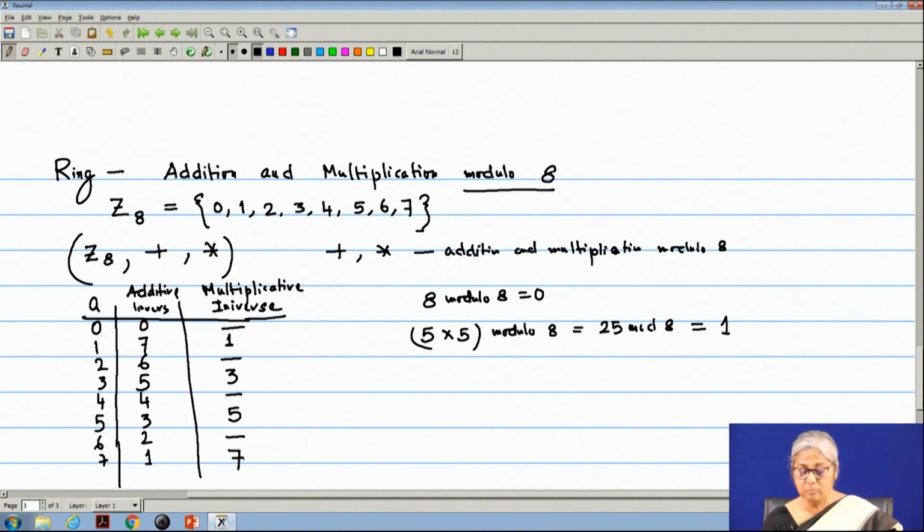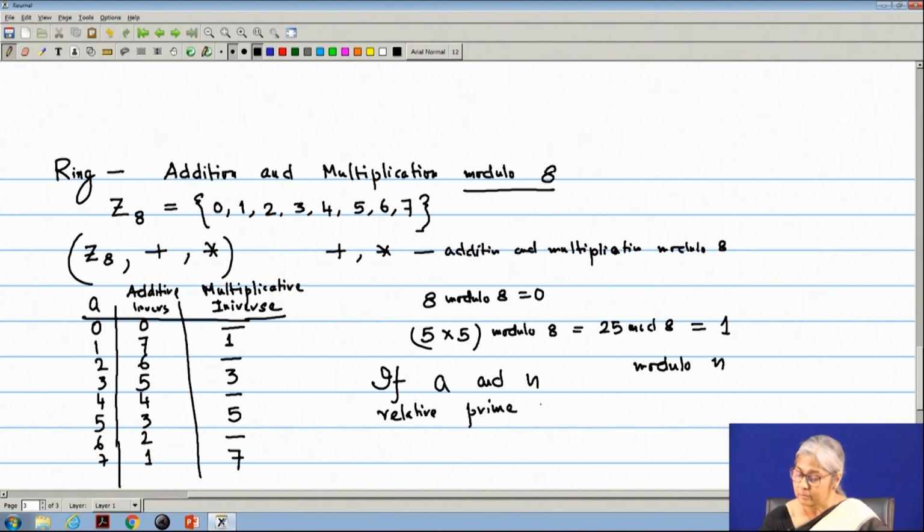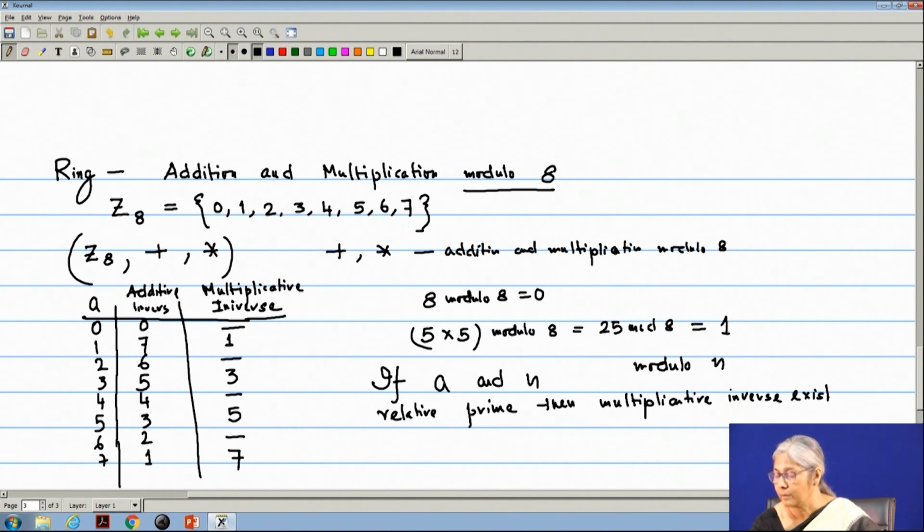Now the conclusion we made was that when we take multiplication modulo n, if A and n are relatively prime, then the multiplicative inverse exists, for Zn.